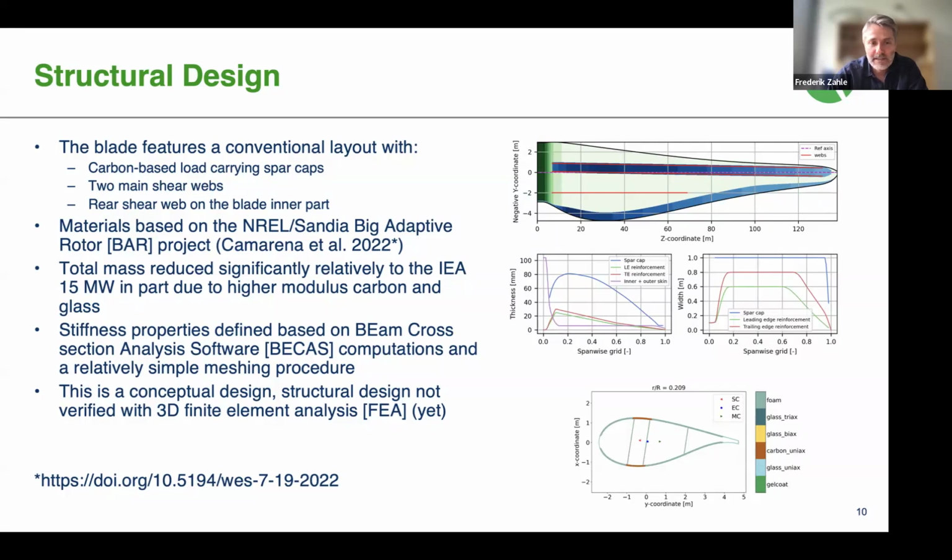Also, I want to note here that this design is a conceptual design. We have not conducted 3D finite element analysis on this, which means that there could definitely be areas of the design that do not fulfill constraints you might have from higher fidelity modeling.